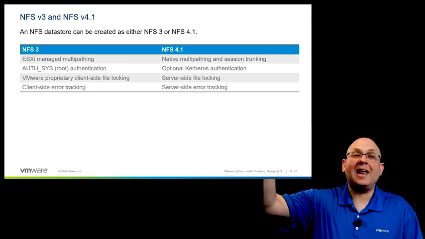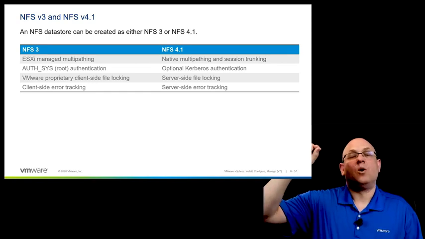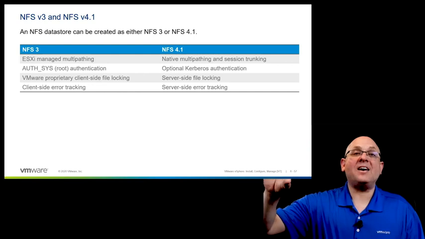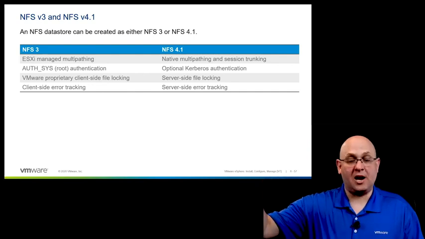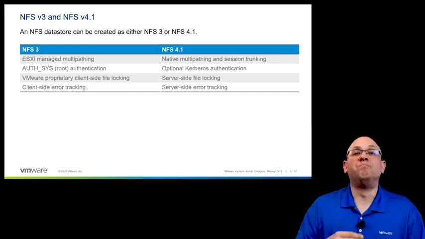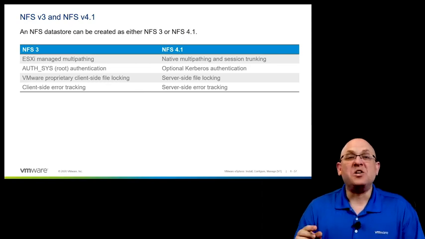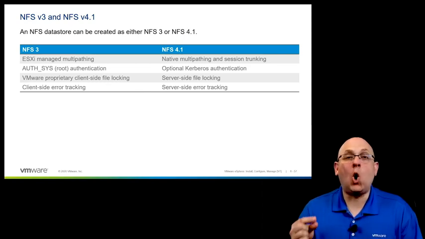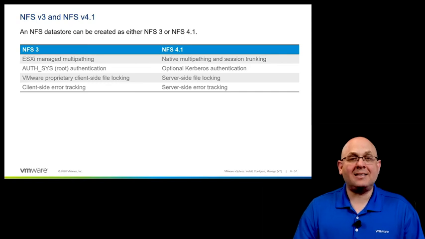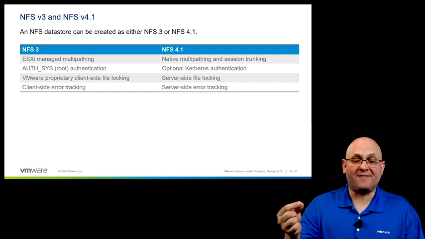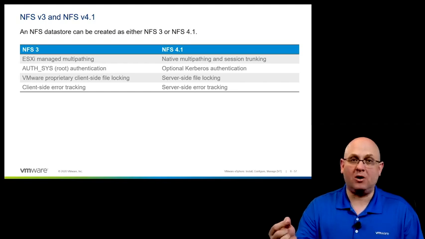If you create an NFS server or share that supports both NFS 3 and NFS 4.1, you need to make sure that you only access that NFS share using one single one of those particular versions of NFS or protocols.